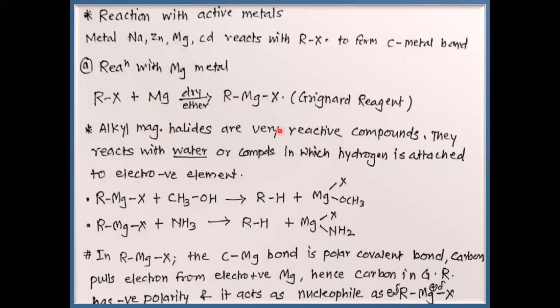Alkyl magnesium halides are very reactive compounds. They react with water or compounds in which hydrogen is attached to an electronegative element. See, RMgX plus CH3OH gives RH plus Mg(X)OCH3.